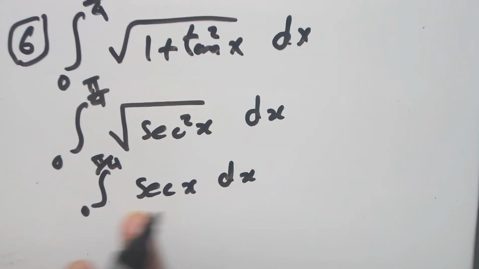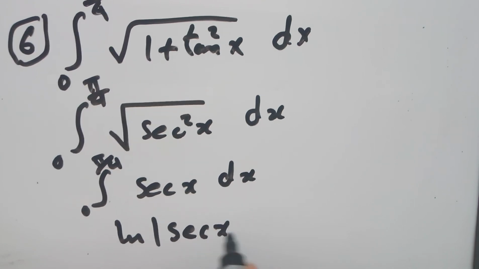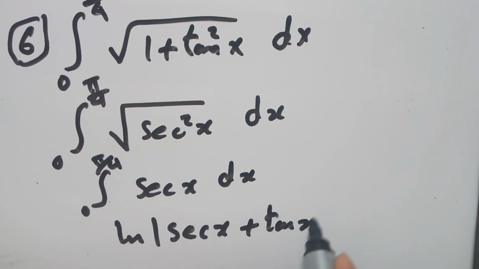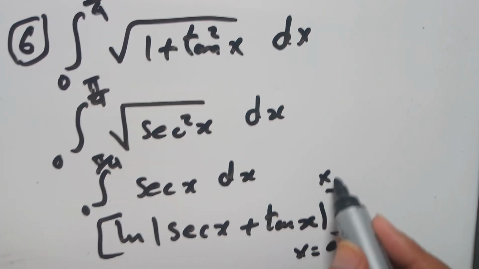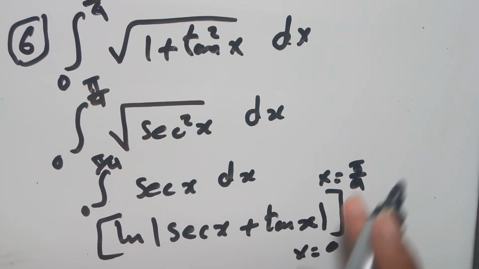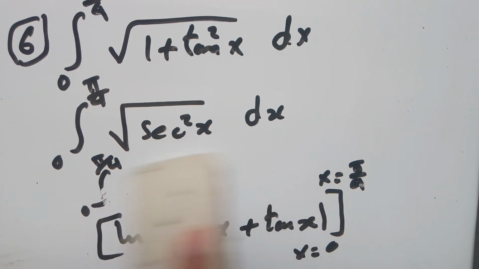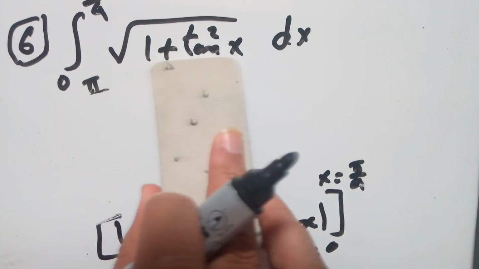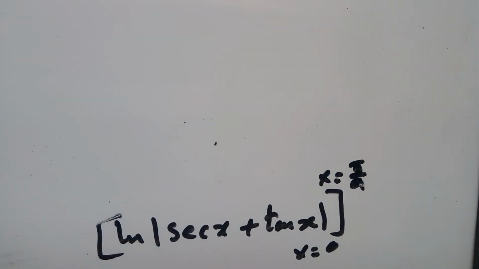And we solved the integral for secant, which is ln absolute value for secant x plus tangent x, in the first example. But this is from x equal to 0 to x equal to pi over 4. Then we will replace x by this value and by this value and subtract the results.